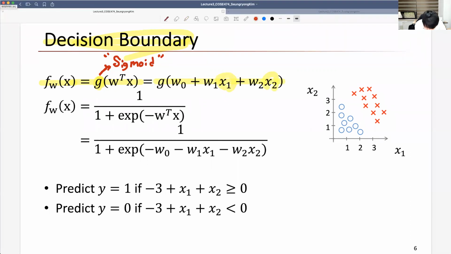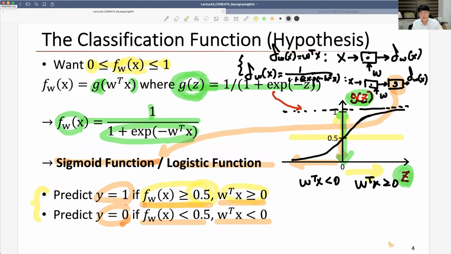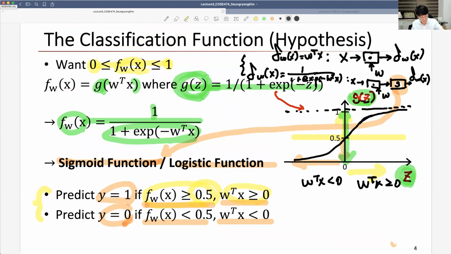Then in this case, the learnable parameters have three unknown variables, w0, w1, and w2, right? And we can rewrite this mapping function in this notation. The shape of this function looks like this.